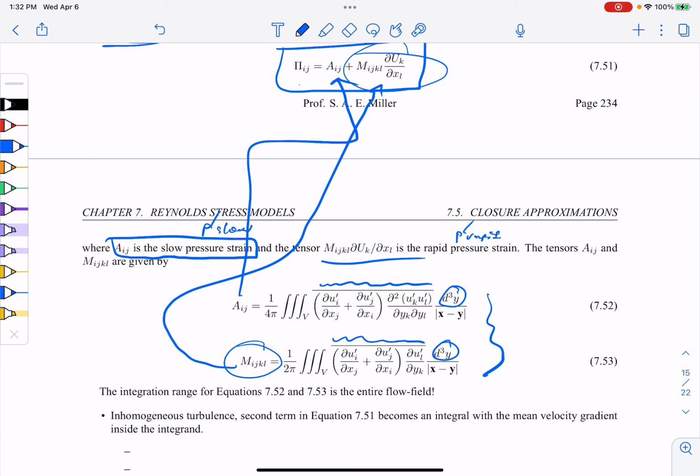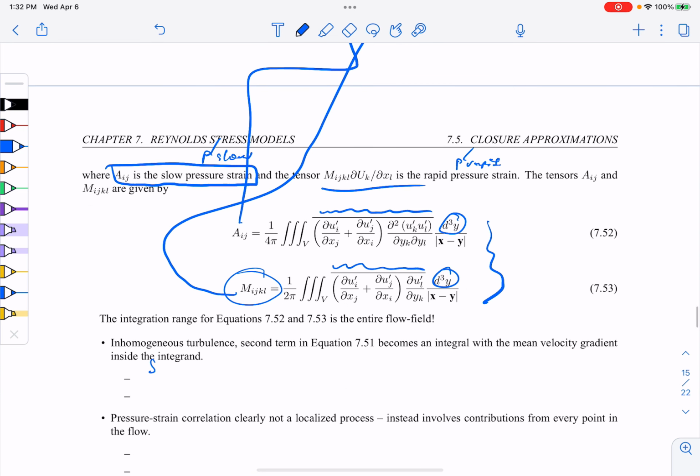So we should take a second and look at some of the shortcomings of the single point closure schemes. Single point schemes are nice because they're easy to work with mathematically and implement, but they don't capture flow history.